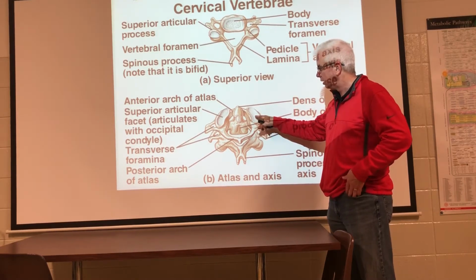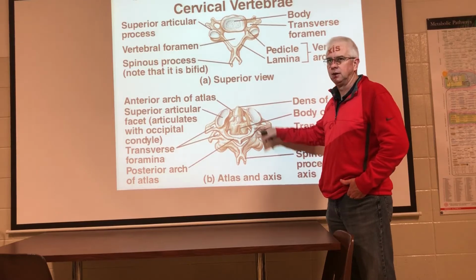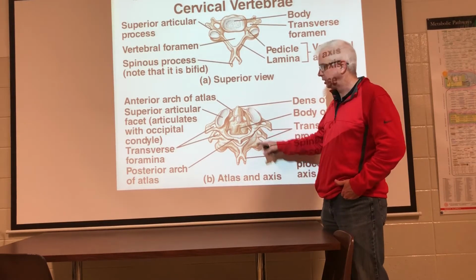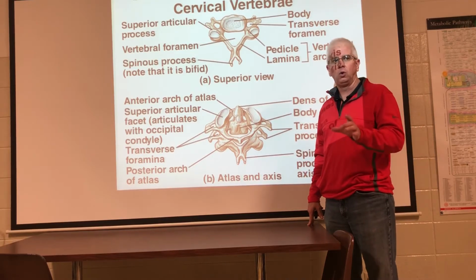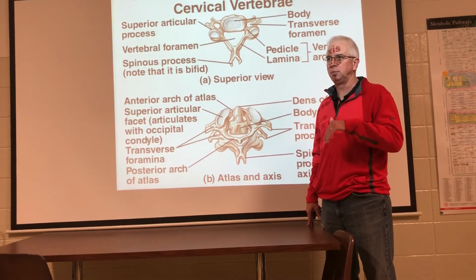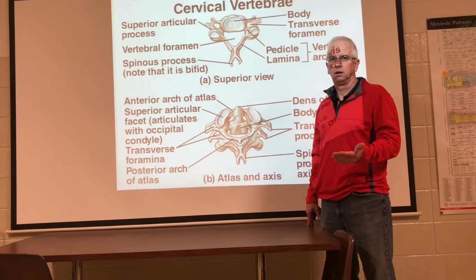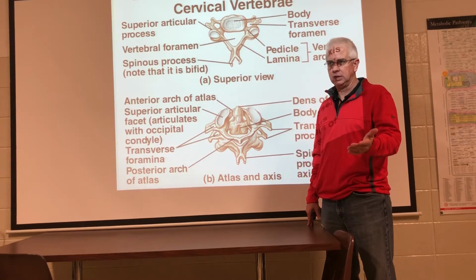How do you tell this facet from the facet that articulates with C2? How would you tell if you were holding an atlas that you were looking at the superior or inferior side from the lab? You did this. How would you be able to tell?